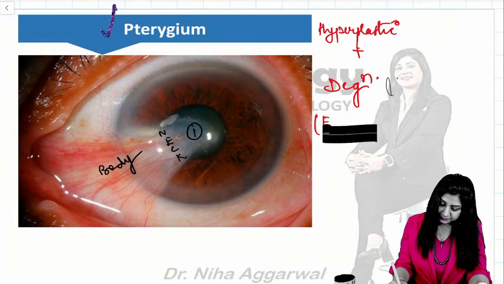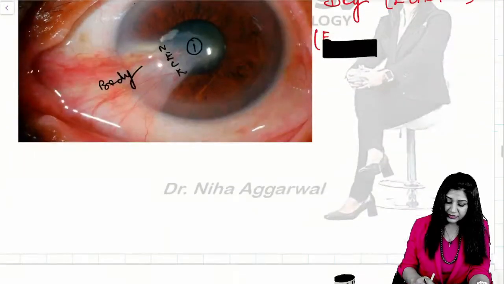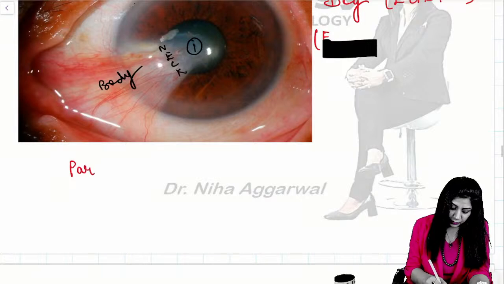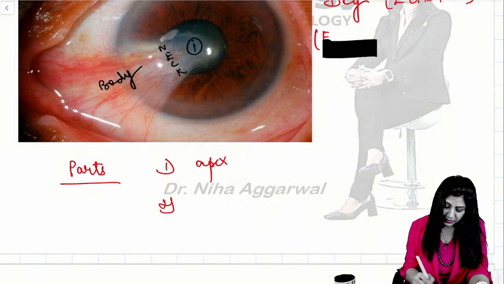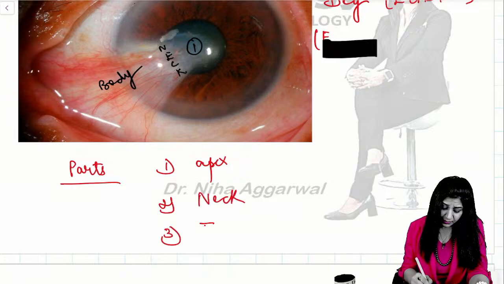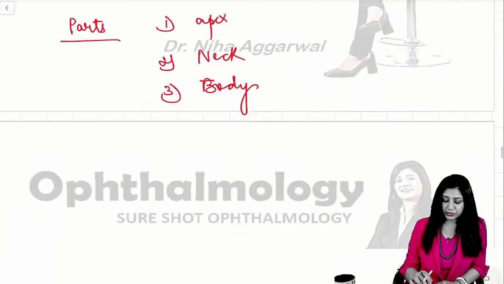This is the elastotic kind of degeneration है. Parts you can see, parts of the pterygium में we have the apex of the pterygium, then we have the neck, and then is the body. These are the three parts of the pterygium.